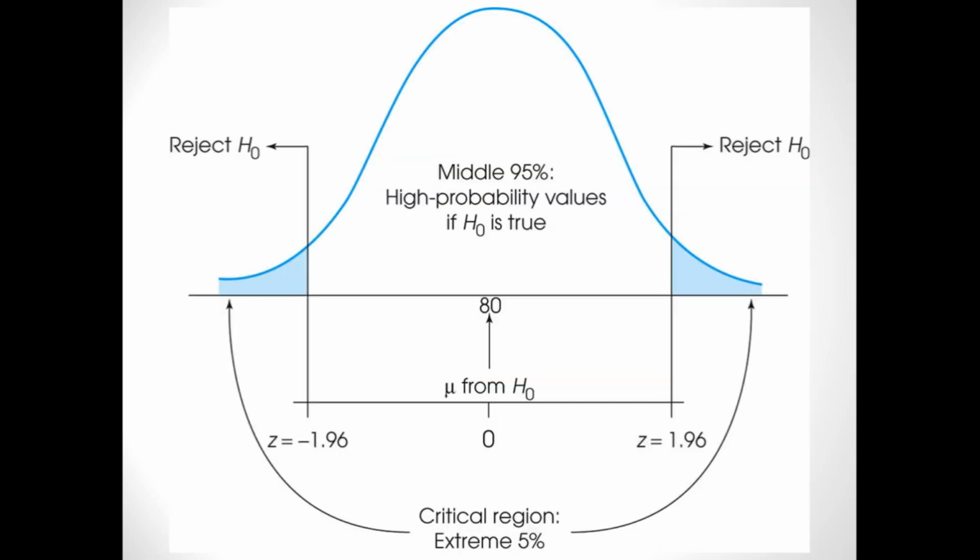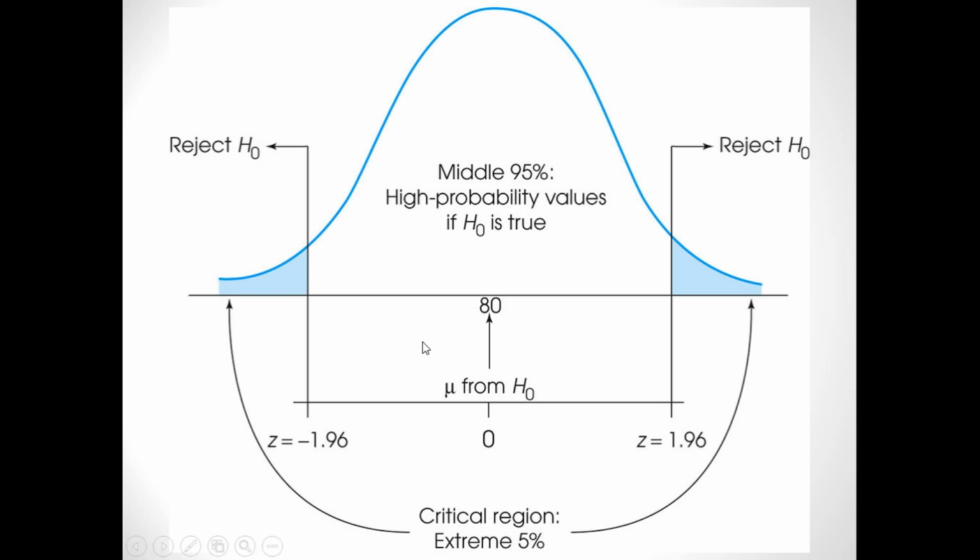So we have, in the case of the normal distribution, a representation of the critical region, which is the region painted in blue.